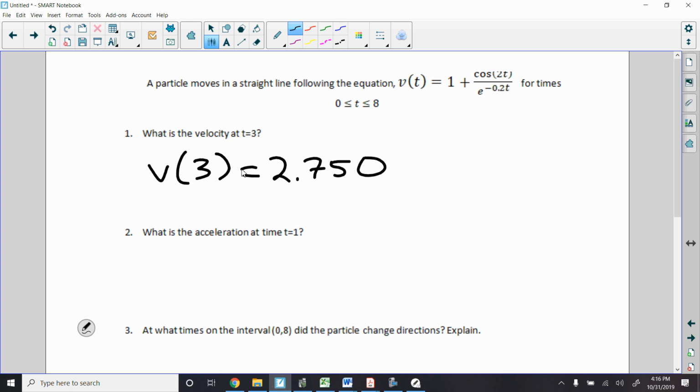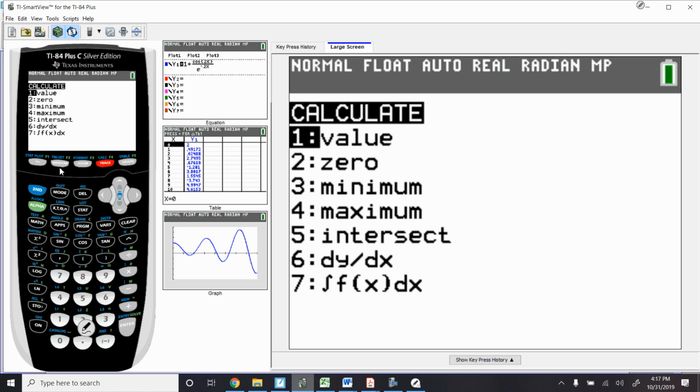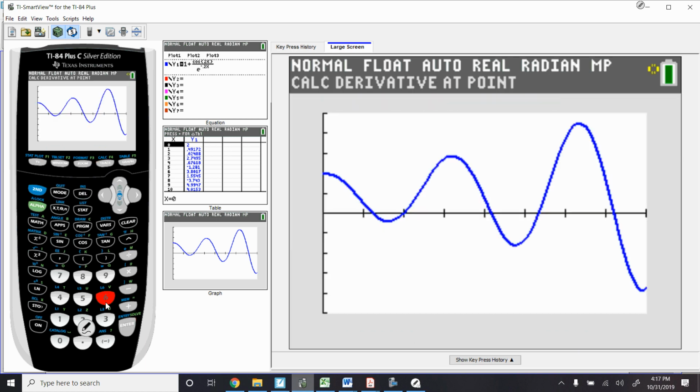Now I want the acceleration at time t equals 1. Well, what we need to know here is that to get acceleration from a velocity equation, I have to do the derivative. So I know a of 1 is going to be the same as the derivative of velocity at 1. So I'm going to do the derivative of velocity at 1. I can do that by doing second trace, and number 6 here is dy dx. That's where we do derivatives, obviously.